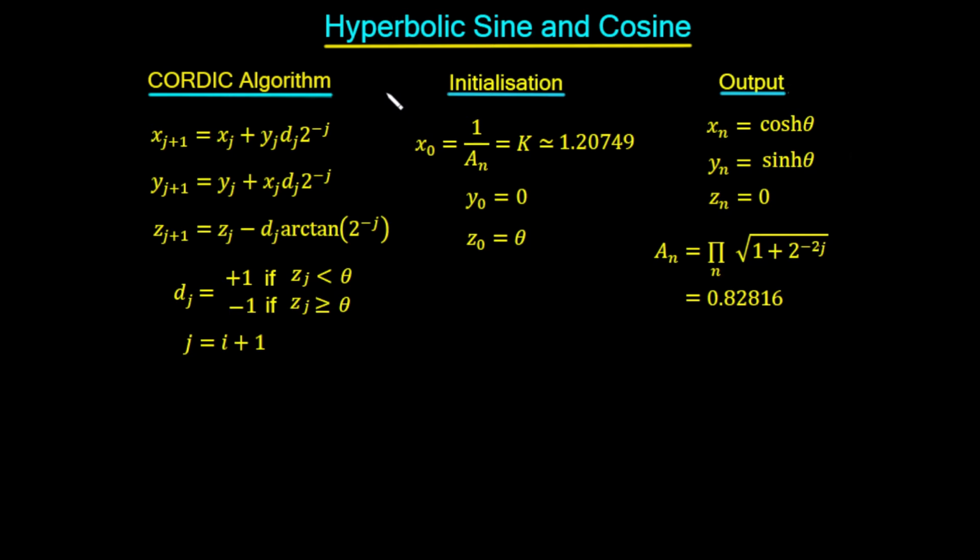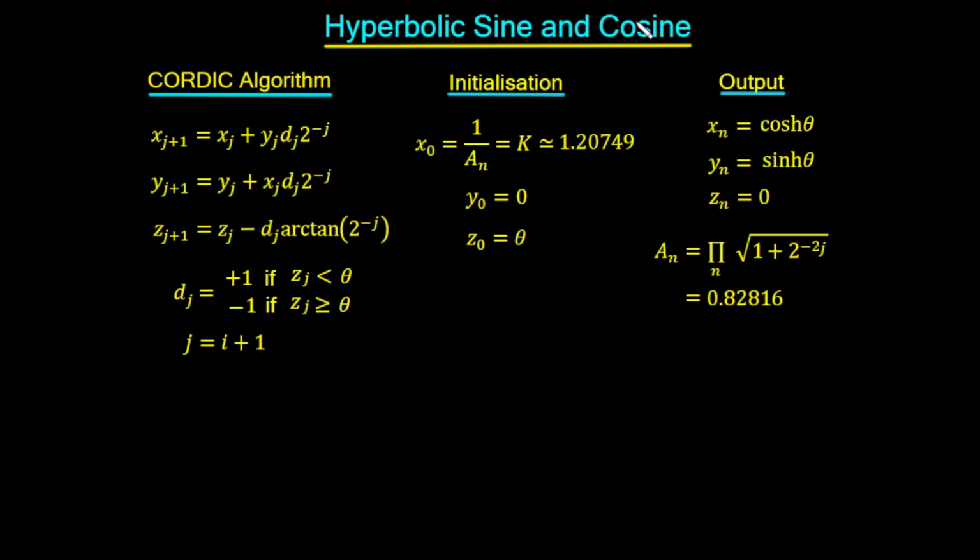Now we're going to look at generating the hyperbolic sine and cosine functions using the CORDIC algorithm. We're going to use the hyperbolic in rotation mode, and we'll use the same process that we did whenever we worked out the simple sine and cosine functions.